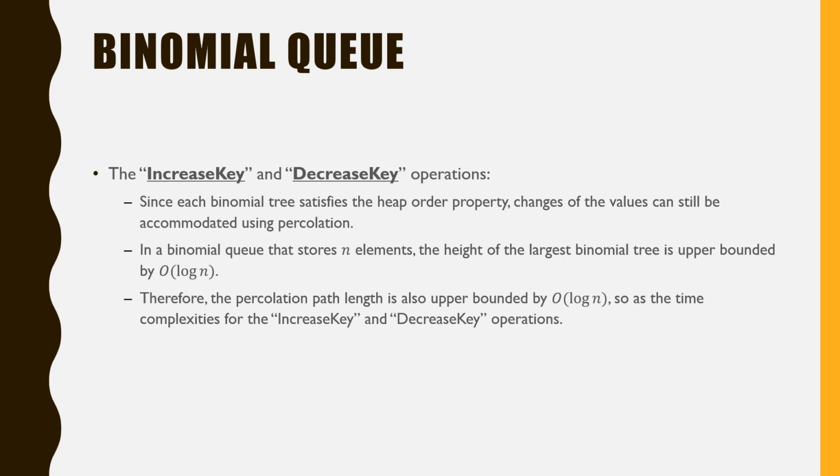The time complexity of these operations is therefore bounded by the height of the binomial trees. As established in our previous analysis, the height of the largest binomial tree is in O(log n). Therefore, both the increase key and decrease key operations can be performed in O(log n) time.